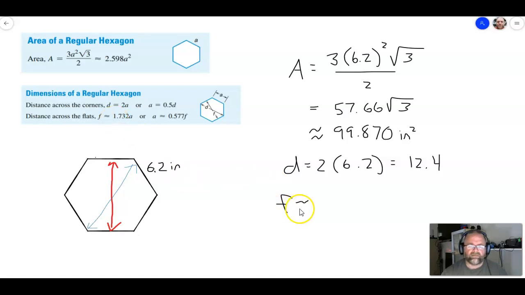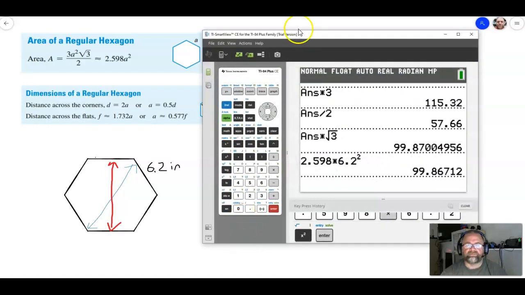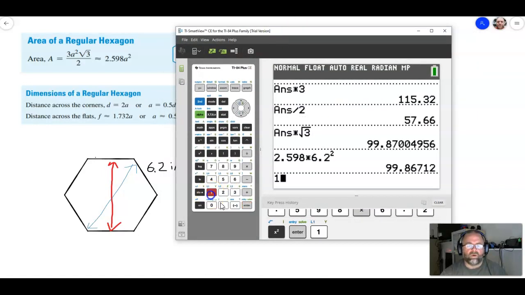And the flat, we have an approximation formula for that. So that's approximately equal to 1.732 times our side length here. So I'll need the calculator for that one. And that is going to be equal to 1.732 times our side length, which is 6.2.